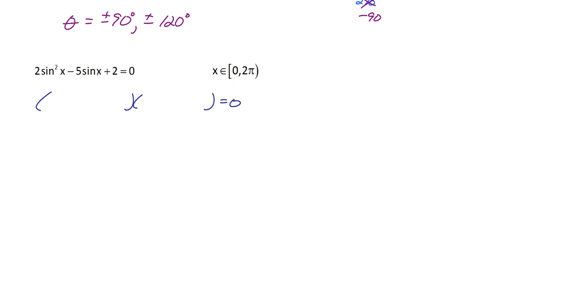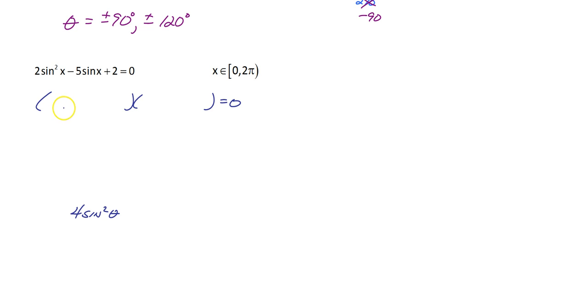Or if you want, you could do the splitting the middle term. If you remember how to split the middle term, you would multiply the first and last one together, and think about what multiplies to 4 sine squared theta but adds to negative 5 sine x.